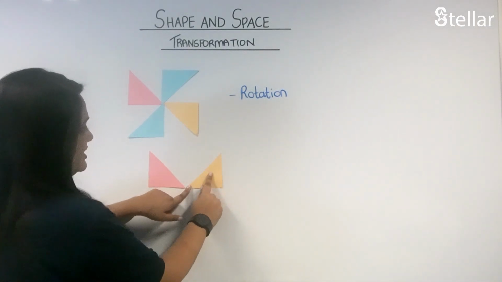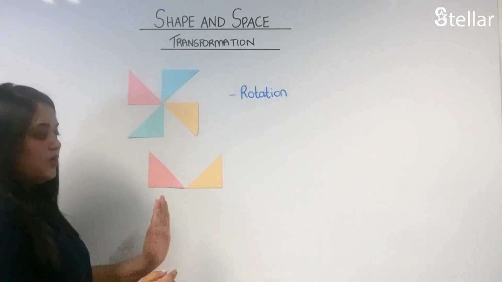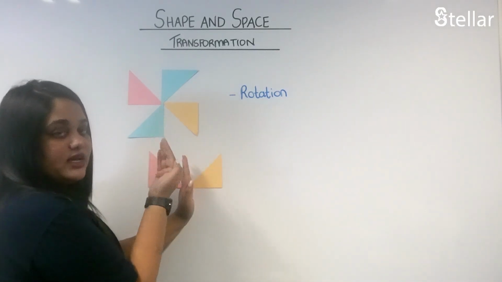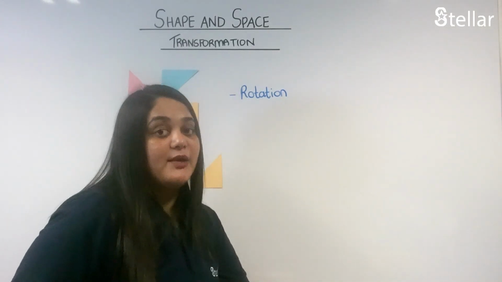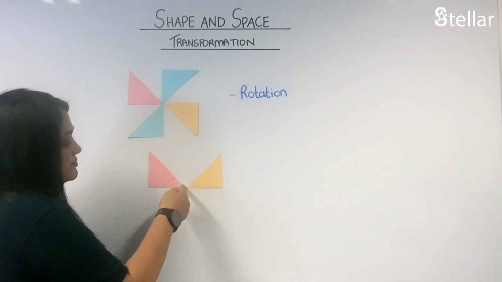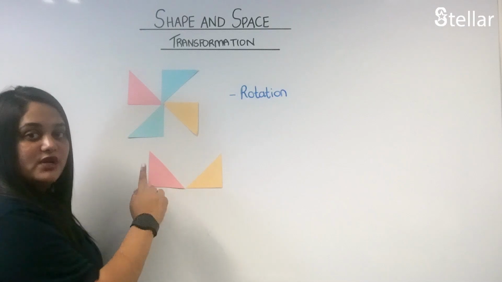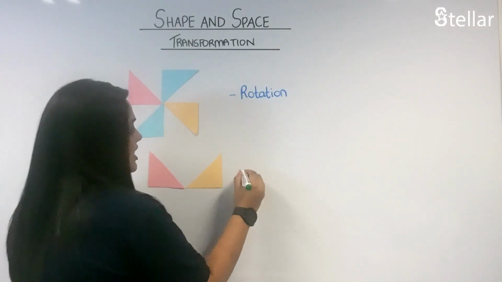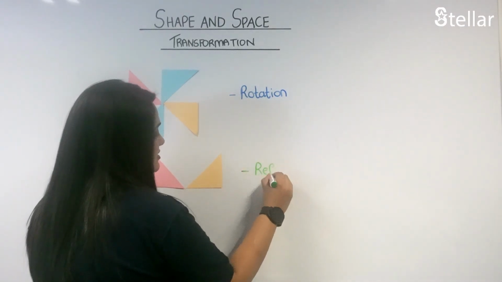It's going to look like this. If I flip it, I am reflecting it. There's the line of symmetry. If there was a mirror here, this is what it would look like. So this is a reflection.